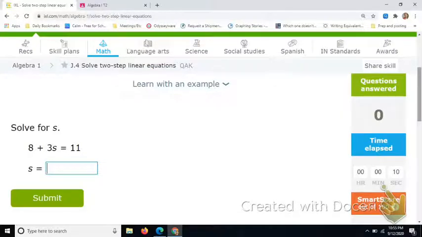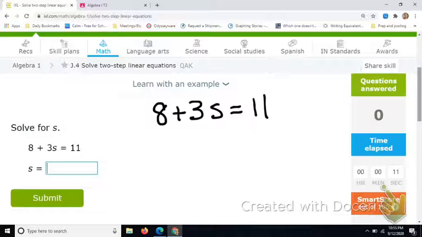So for this one, s is our variable that we're trying to find. And I have 8 plus 3s is equal to 11. First we're going to get that 8, that constant, over to the right side with the other constant.